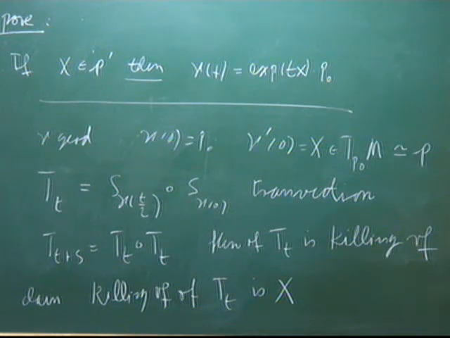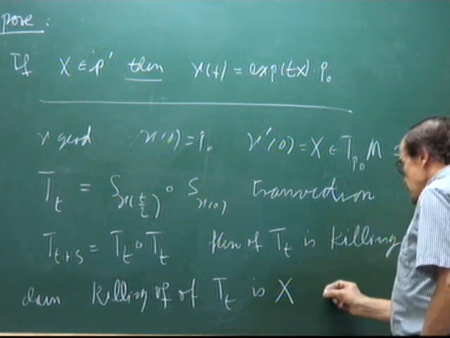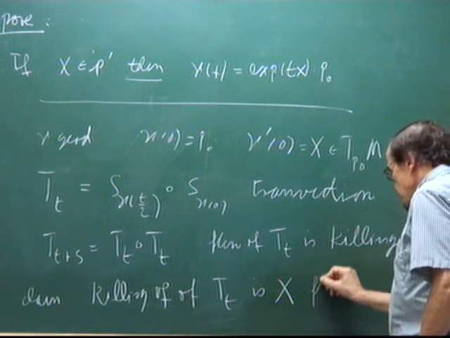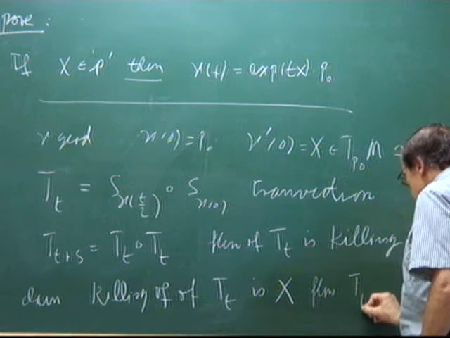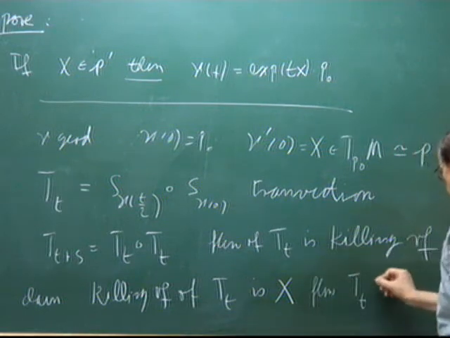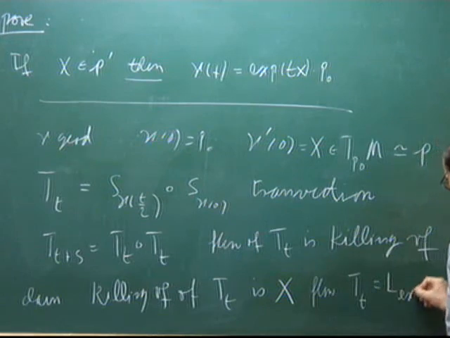Because what's the flow? What's the flow of T sub T if X is a Killing vector associated to it? It's just left translation by X dx.